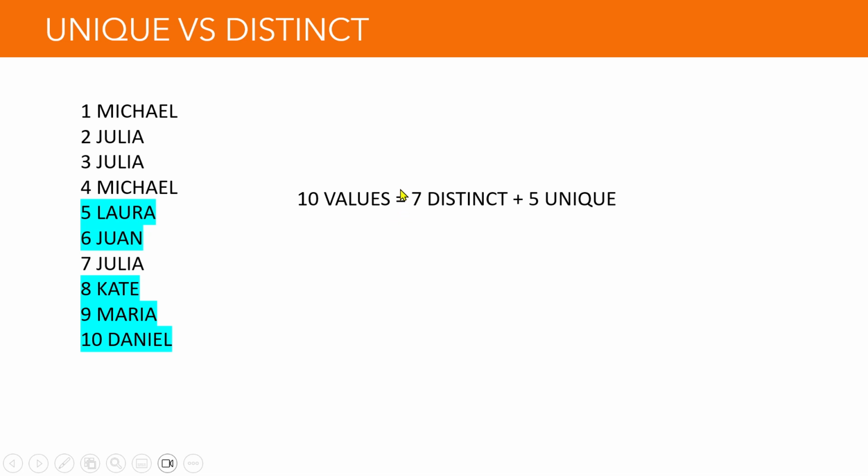So maybe I shouldn't have used this equal sign here. I just wanted you to understand that among these 10 values, 7 of them are distinct, which means if you remove all the repeats, you will be left with 7 different names. And 5 of them were unique, which means since the beginning, they never had any repeats. So this is the distinction between unique and distinct in Power Query.